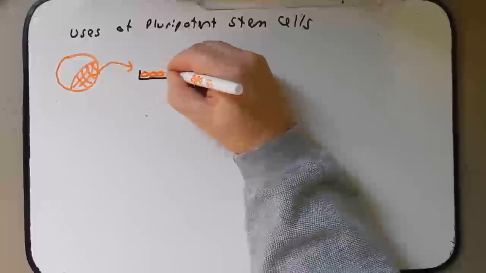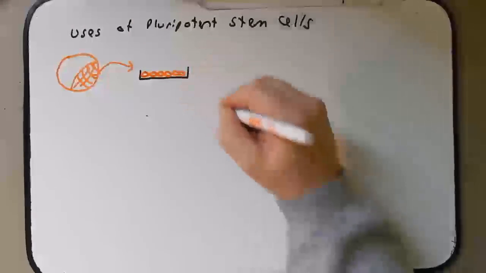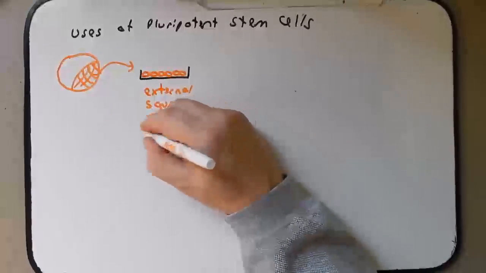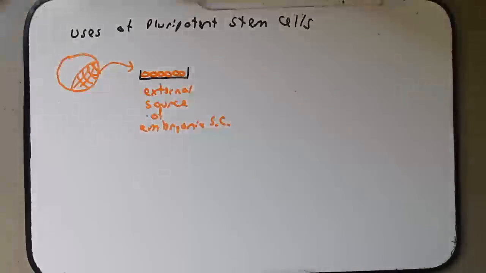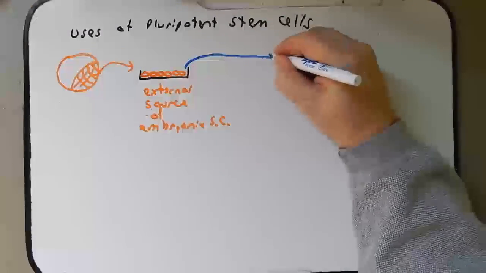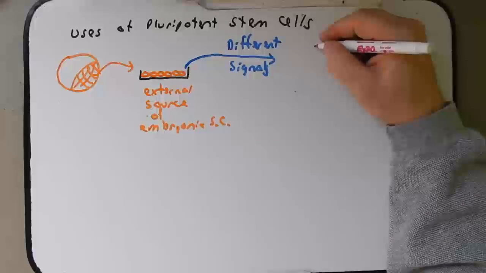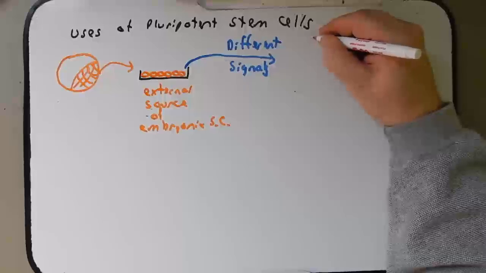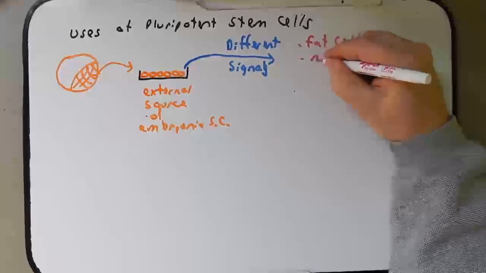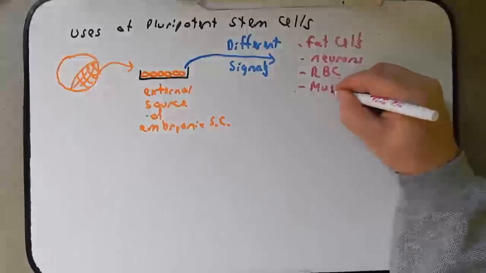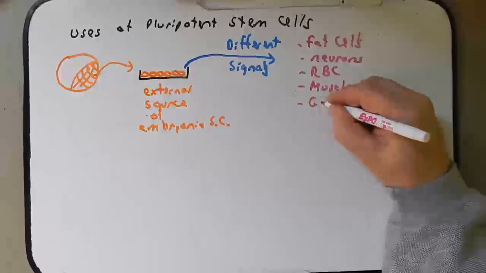In fact, they'd grow indefinitely as long as you gave them the right nutrition as an external source of embryonic stem cells. You could take these cells and you could give them different signals, and you could make, experimentally in the lab, all kinds of cells. You could make fat cells, neurons, red blood cells, different kinds of muscle cells, even different kinds of glial cells.